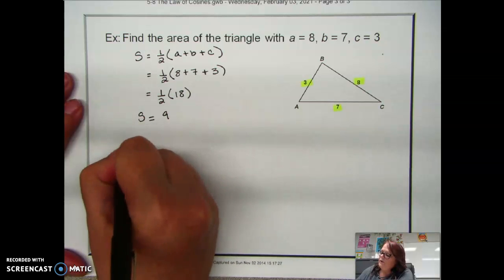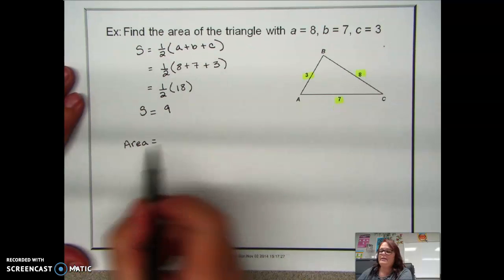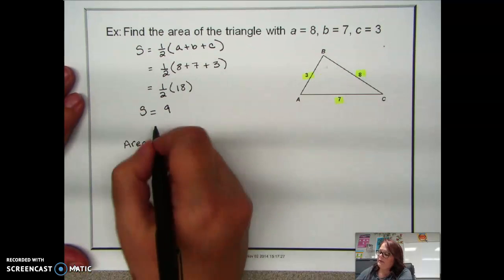Then to find the area, and if you look in the book they'll use big K instead of A because we don't want to get it mixed up with what we have going on here.